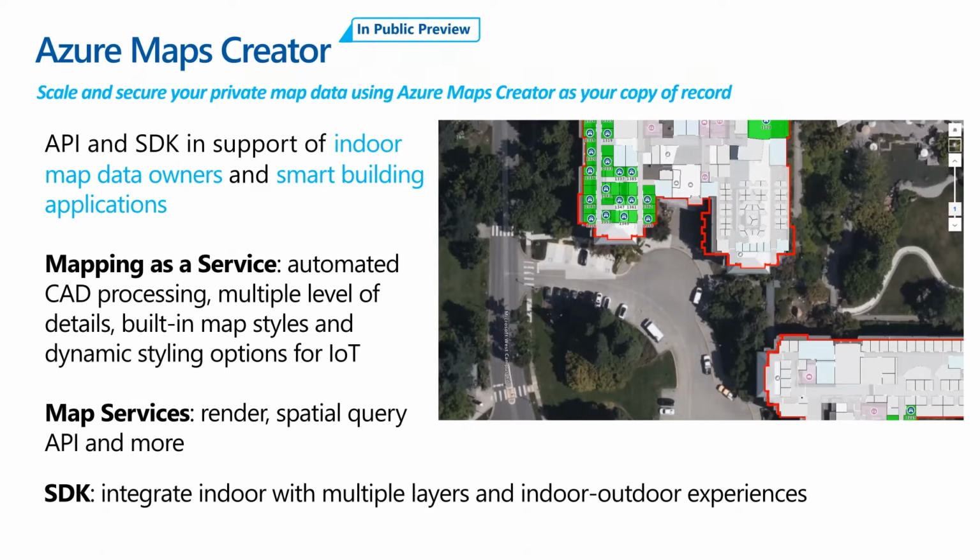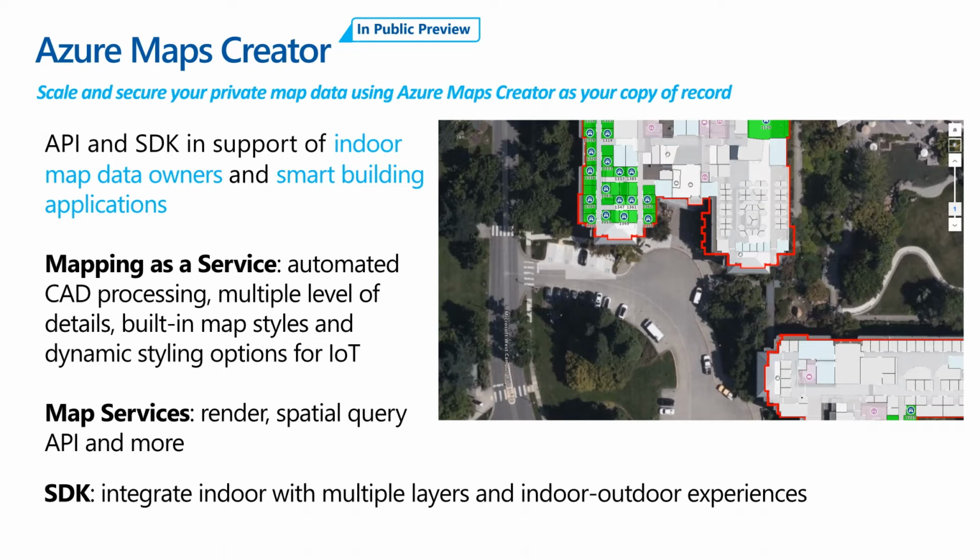Creator will be the focus, which is about indoor, as I mentioned earlier, and I will later zoom out a little bit to help you also understand the potential of what we do for indoor in the context of geographic location.